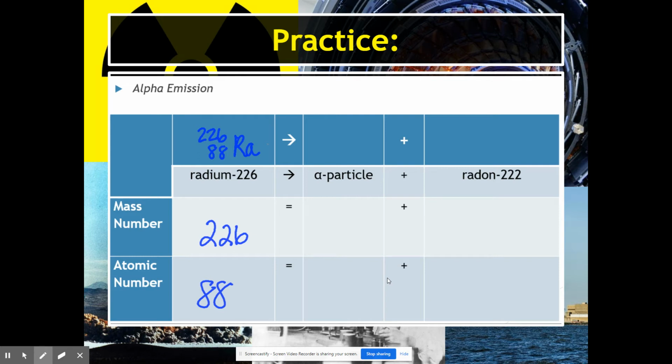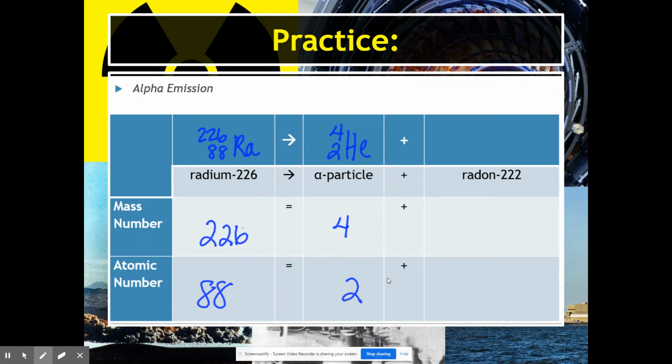Next, I have my alpha particle. If you go back to the notes, you'll find out that an alpha particle is written as 4,2He, which means it has a mass of 4 and an atomic number of 2. So radium is giving those off.